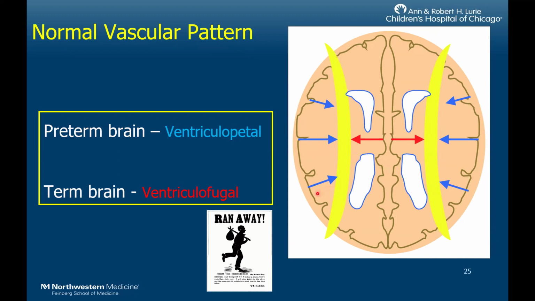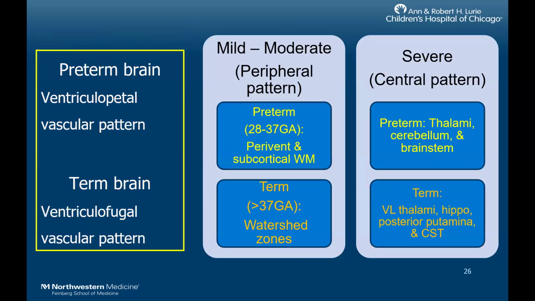And then in the term baby, they are going away, away towards the cortex. So ventrifugal, therefore fugitive, running away. And why does that matter? It matters because in the preterm we have more of the ventripetal pattern, while the term baby is ventrifugal, i.e., away. And this comes up in the imaging pattern.